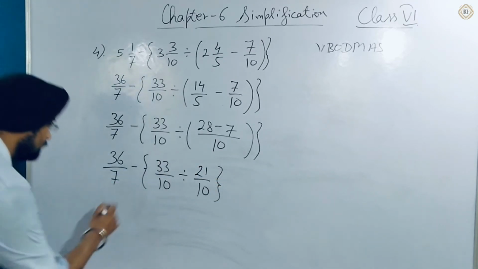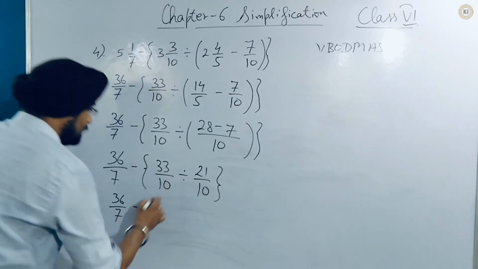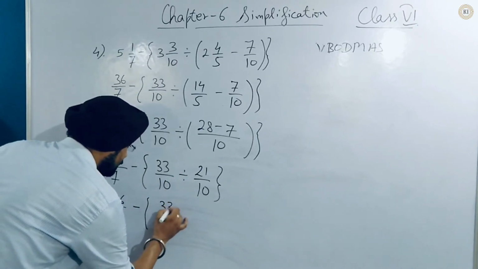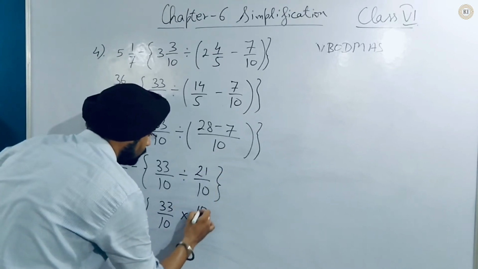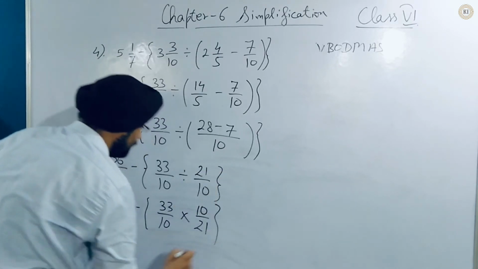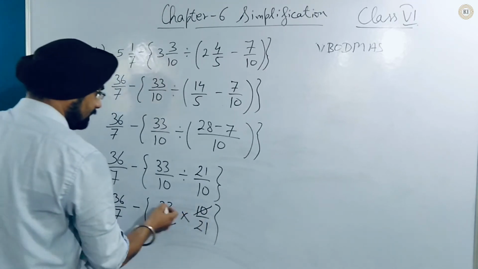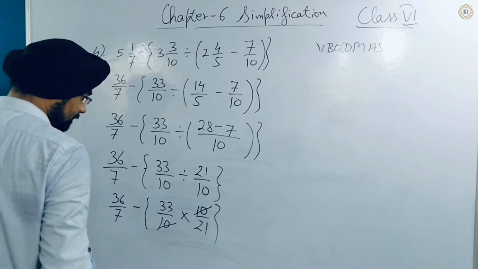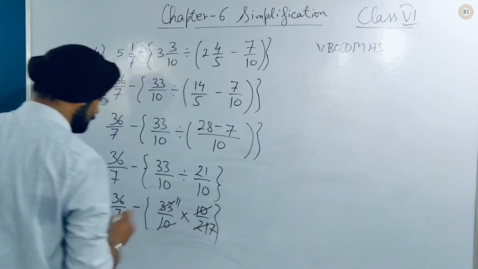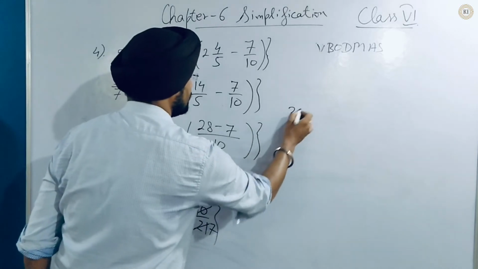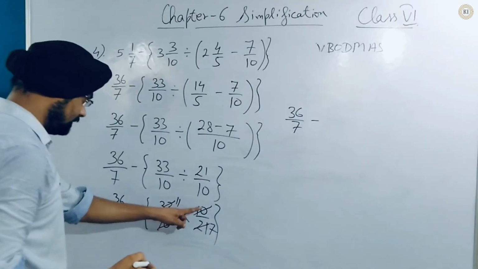Now 36 upon 7 minus 33 upon 10, divide sign changes to multiply, the value becomes its reciprocal, 10 upon 21. Now 10 and 10 cancelled, and this value can be cancelled by 3: 3 7s are 21 and 3 11s are 33. So we will get 36 upon 7 minus 11 upon 7.